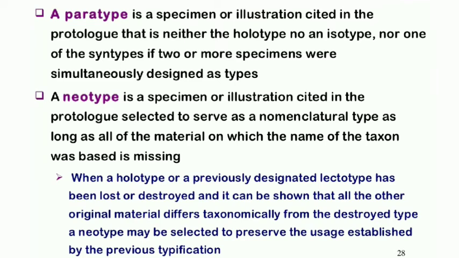Okay. Lastly, neotype. It is a specimen or illustration cited in the protologue, selected to serve as a nomenclatural type as long as all of the material on which the name of the taxon was based is missing. That means when all the specimens are missing, when the original specimen on which the name is printed is missing. For example, there is a herbarium sheet on which the name is Hibiscus dasavala.